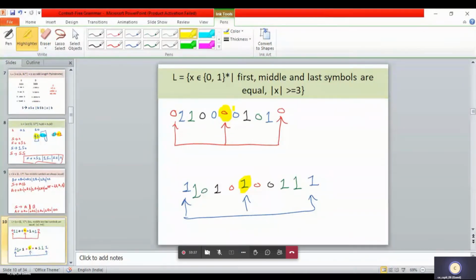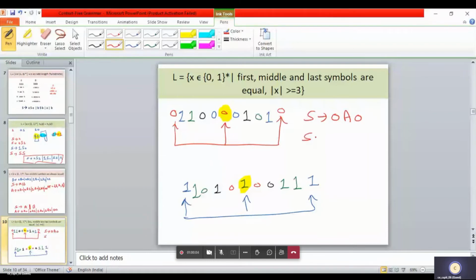So from this, what we can say is that we have two different paths. The first, if it is 0, last will definitely be 0, and the middle symbol will also be 0. So now to achieve the goal, we have two rules here. From the S, if the first symbol is 0, definitely the last symbol will be 0.